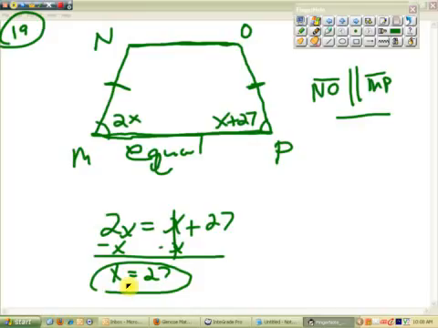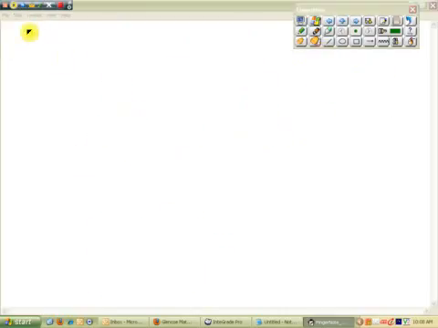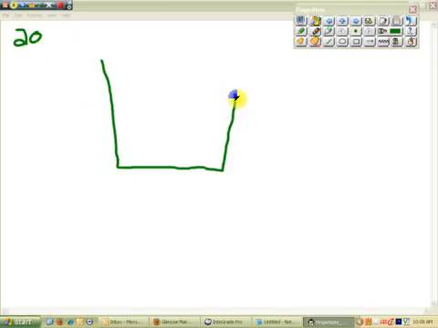Now for number 20, the answers were A or D. So if you got A or D, you were correct. If an isosceles trapezoid, then the sides are equal. So let me just change this picture here. Actually, it's easier to draw a new one. So for number 20, in an isosceles trapezoid, the sides are equal.